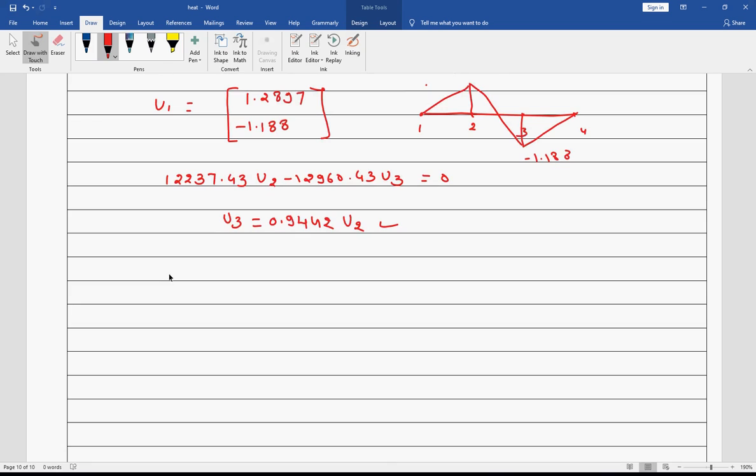So now I go with the normalization. So it's orthogonalization, not normalization. My matrix will be 1, 0.9442, with U2 squared and 0.0013 mass factor common.